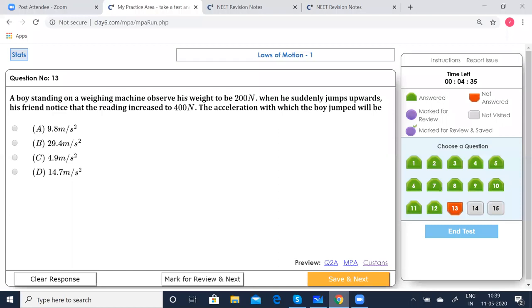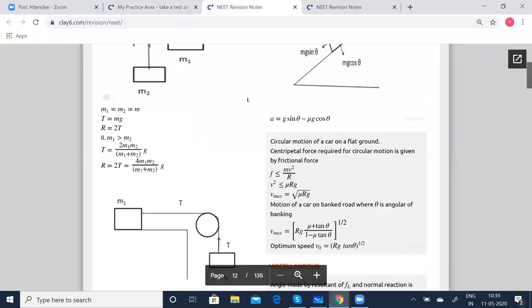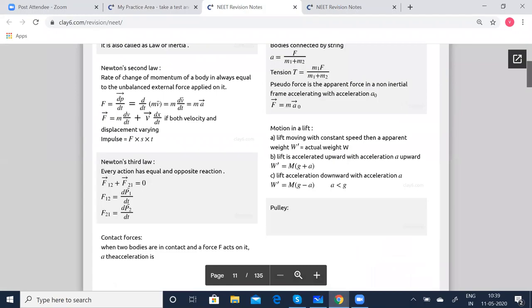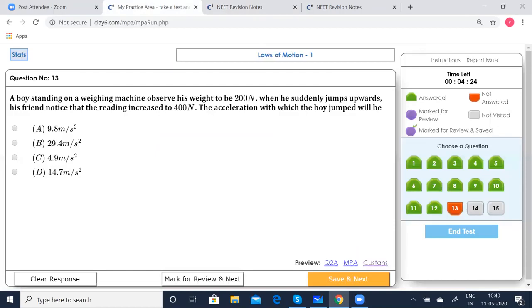For the downward acceleration motion of the lift, you can as well see in the revision notes, we have the lift problems, right? You can go to that and make use of these formulas. Acceleration down, m into g minus a.